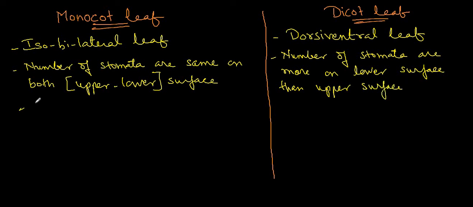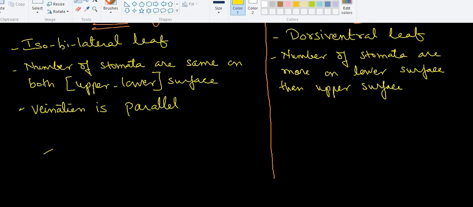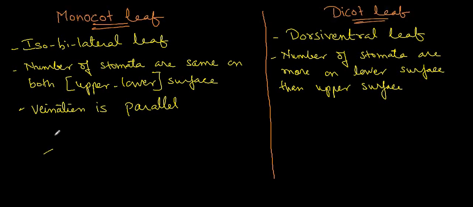Next one, the veins are parallel, that means venation is parallel. As for example, a leaf with a main vein and to it there are parallel veins.